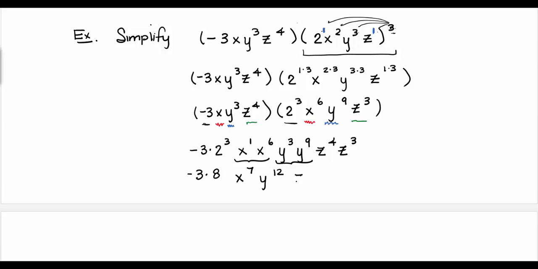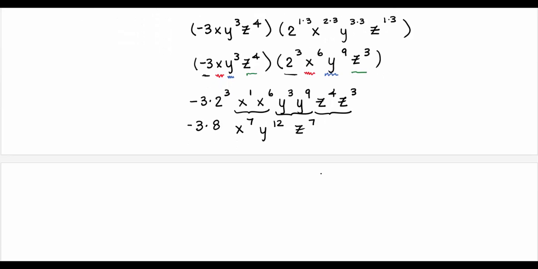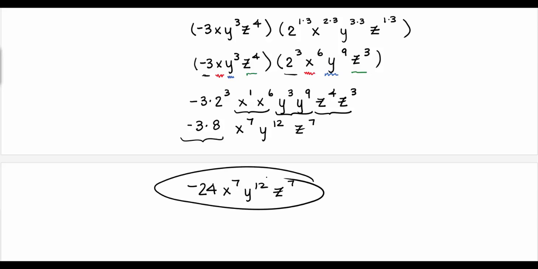And then this is going to be z to the 4 plus 3, or z to the 7th. So my final answer will simply be negative 24, because that's what 3 times 8 is, x to the 7th, y to the 12th, z to the 7th. And that's simplified.